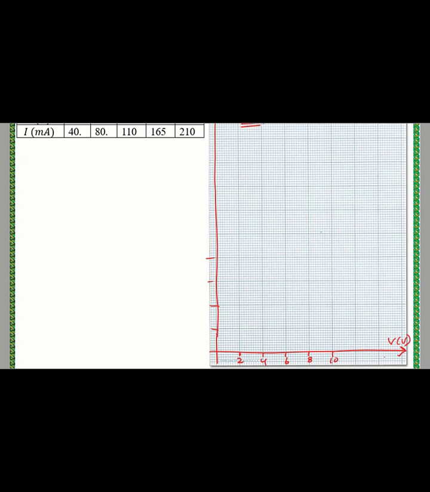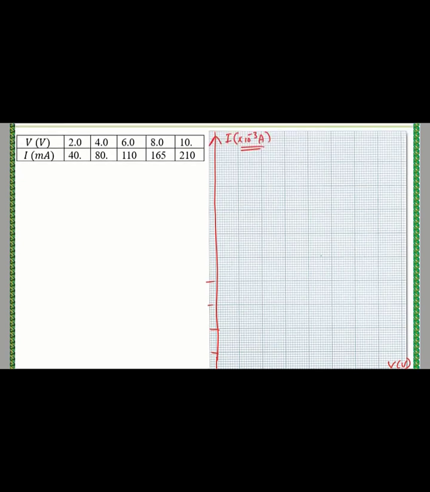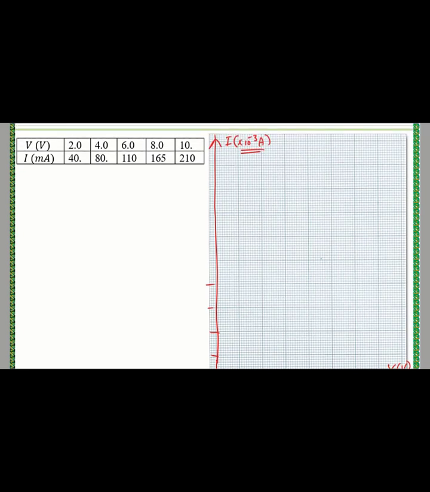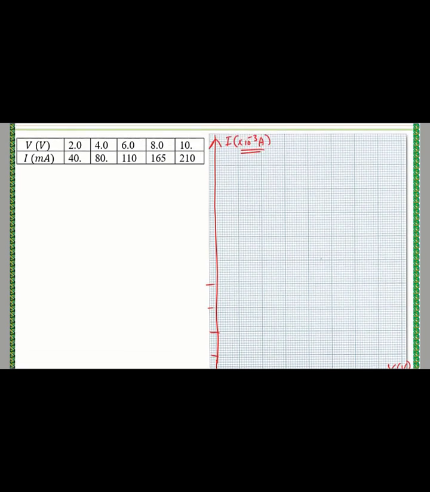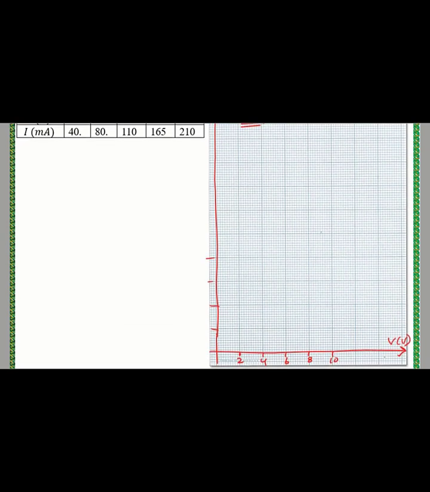Instead of that, try to find the maximum value. It is 210 for the current. So it is a multiple of 3.